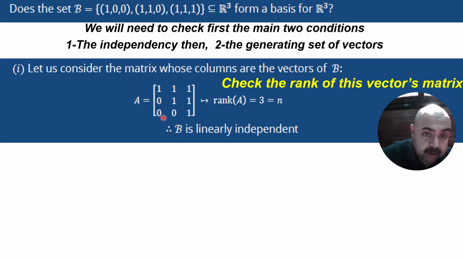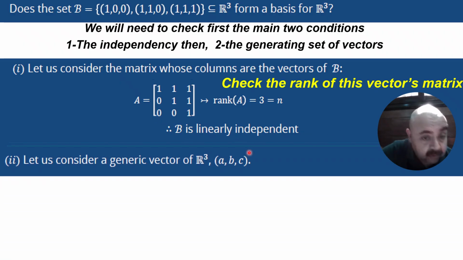Now let's consider any vector (a, b, c). Since this is a linearly independent system, the coefficient matrix will always have order 3, and so will the augmented matrix. So possibly it will give you a generating set.